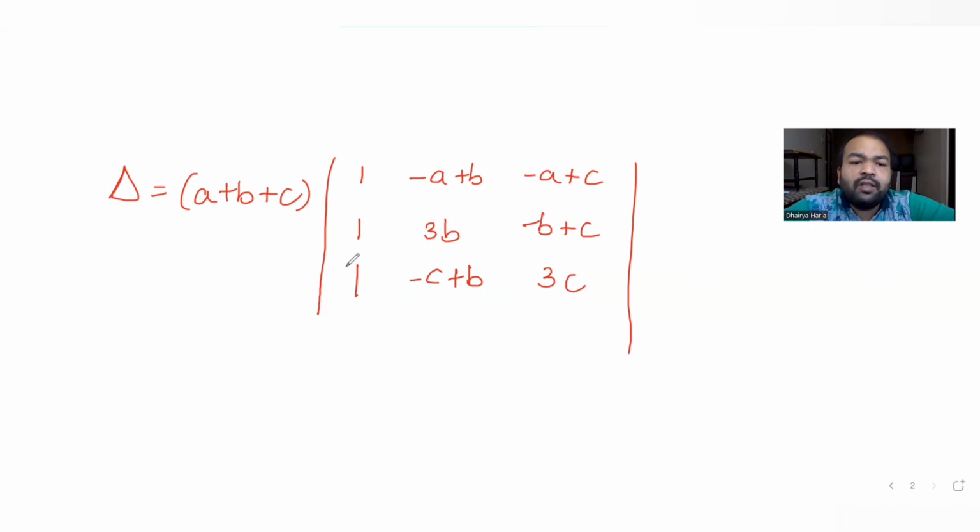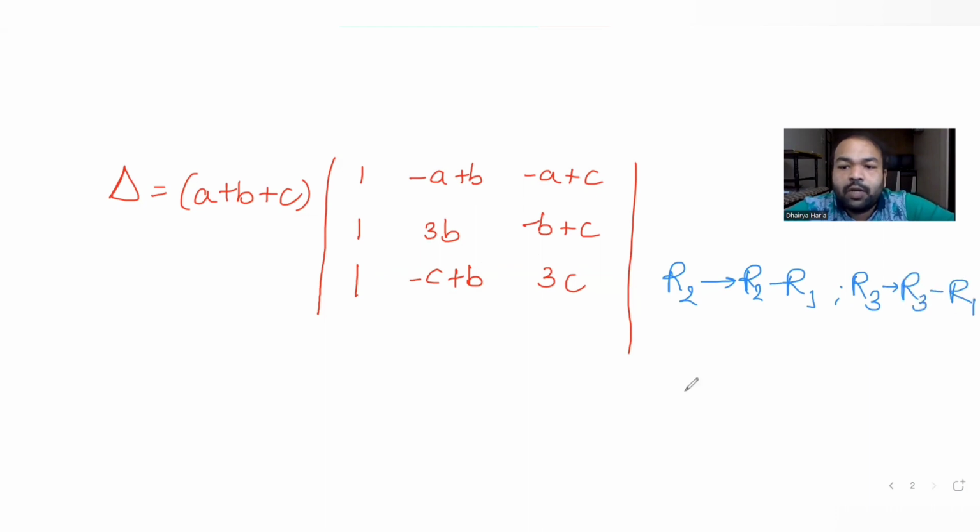If I want to make both of the others 0, I can use row transformations: R2 changes to R2 minus R1, and R3 changes to R3 minus R1. Now let's see what our determinant becomes. A plus b plus c is already common here.